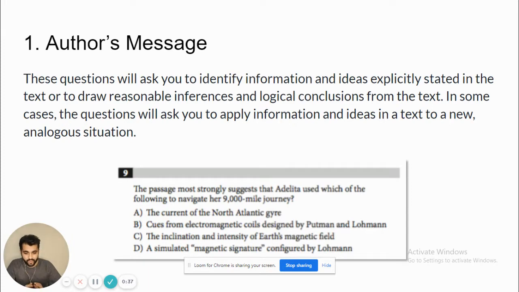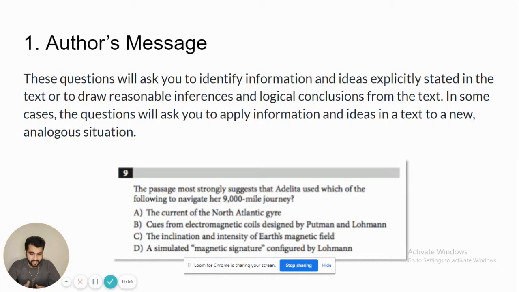These questions will ask you to identify information and ideas explicitly stated in the text or to draw reasonable inferences and logical conclusions from the text. In some cases, the questions will ask you to apply information and ideas in a text to a new analogous situation, right?